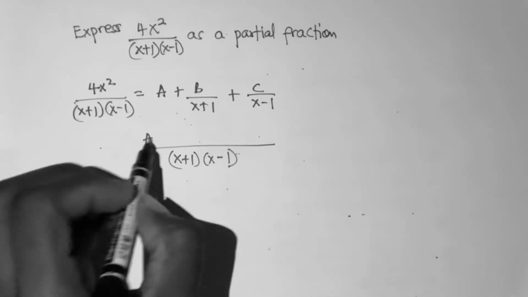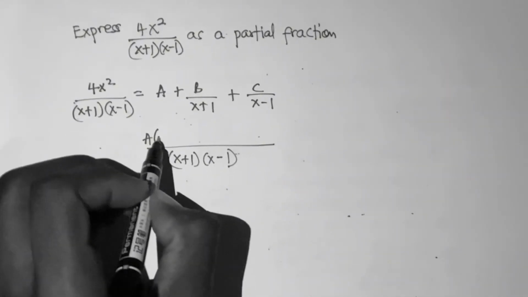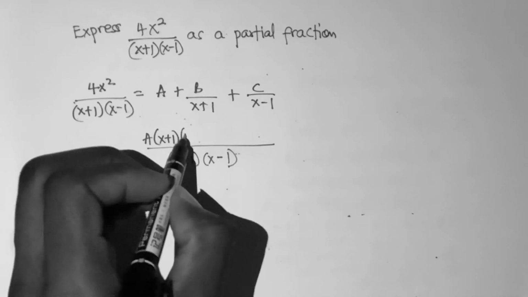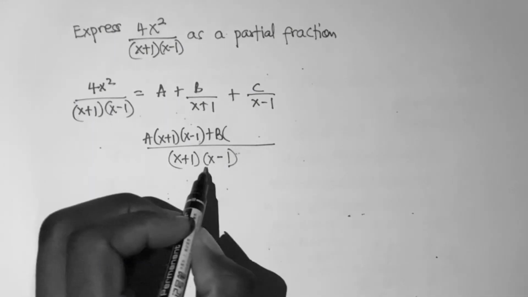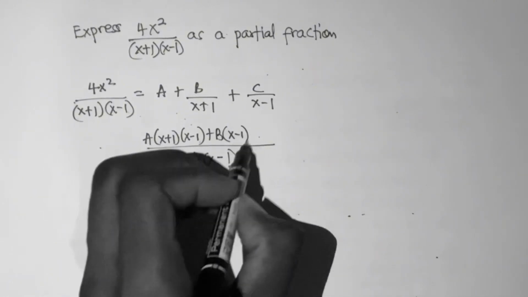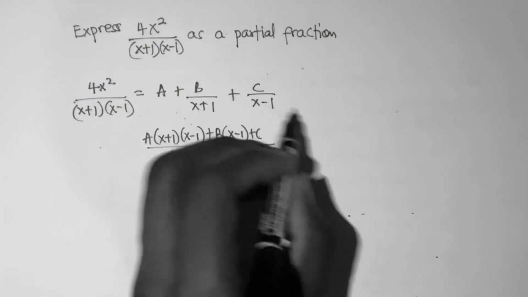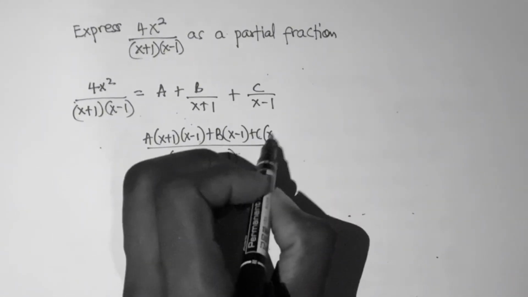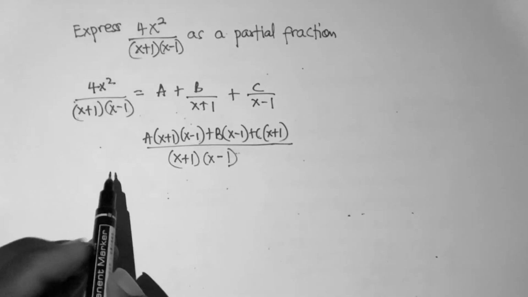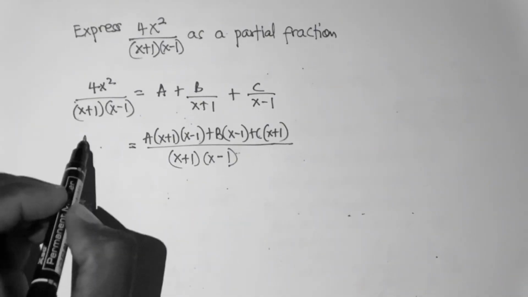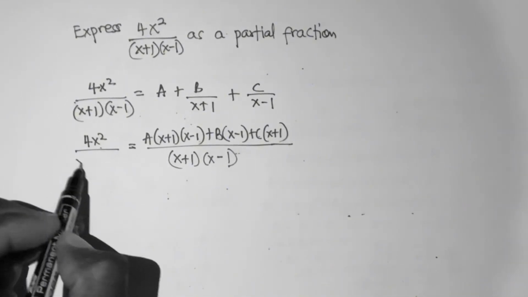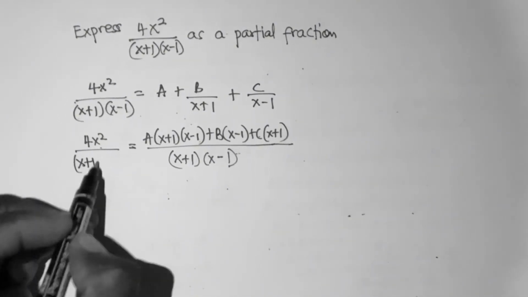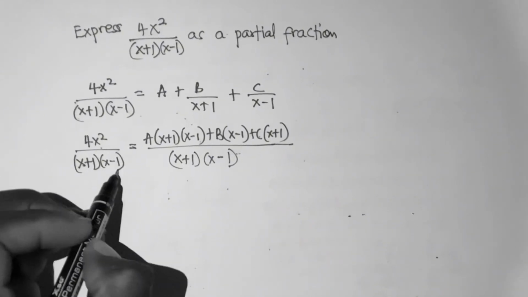So A is going to multiply x plus 1 times x minus 1, plus B, yes, B will multiply x minus 1, then plus C, yes, C will multiply x plus 1. Now this is equal to 4x squared divided by, in brackets, x plus 1 times x minus 1.